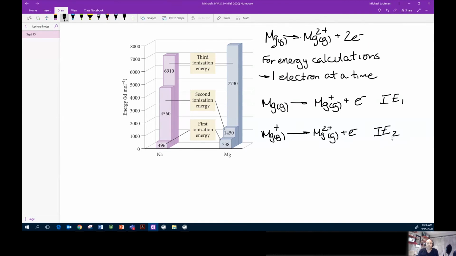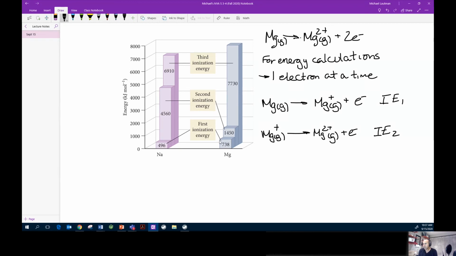Now, if we think about it in terms of just electrostatics, so Coulomb's law, it makes sense that the second ionization energy is more difficult or more endothermic than the first ionization energy, all right? Because the effective nuclear charge felt by the remaining valence electron is significantly higher.